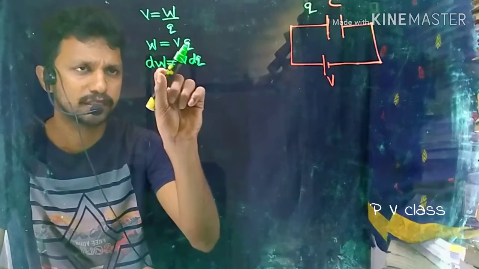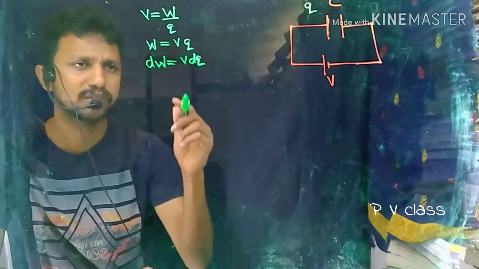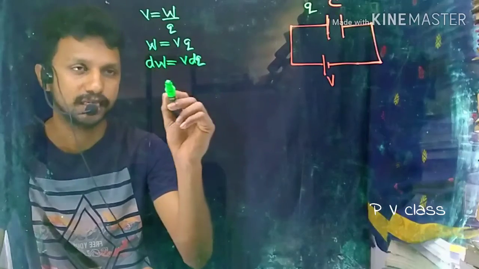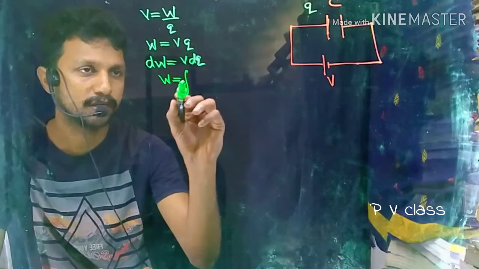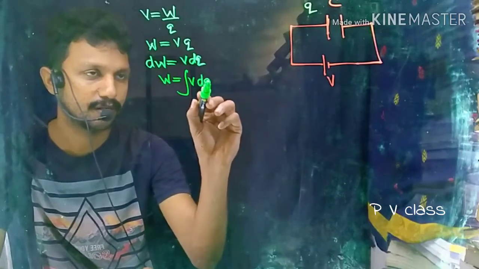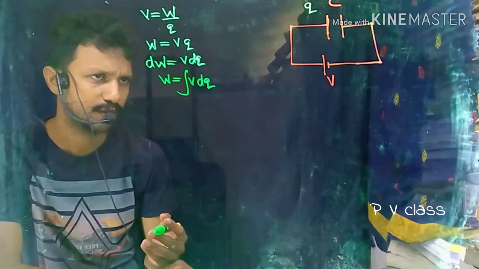From this small work done, we could find out the total work done. And we will be using integration. That is, W is equal to integral of V dQ.